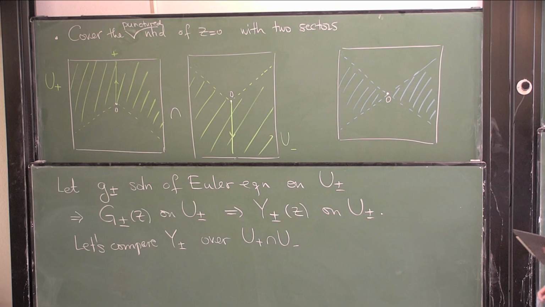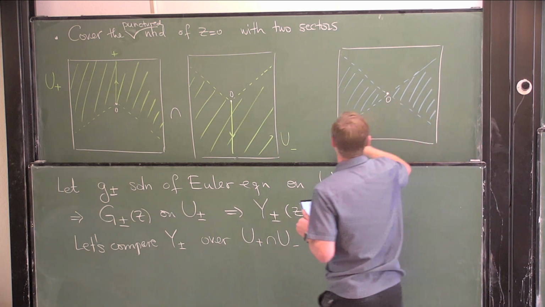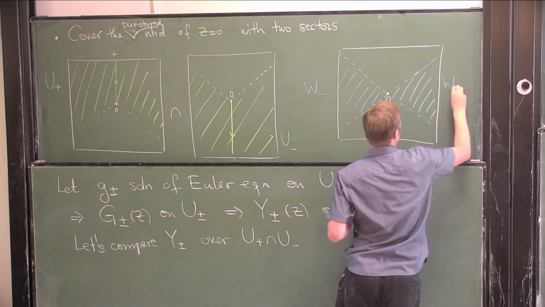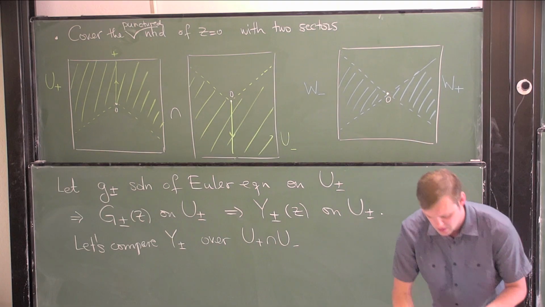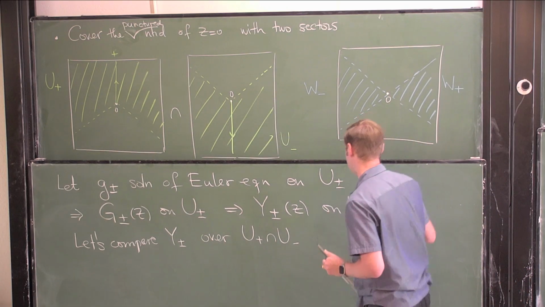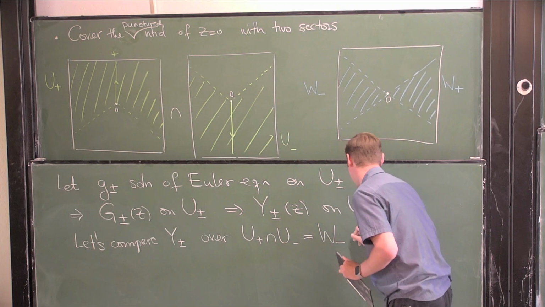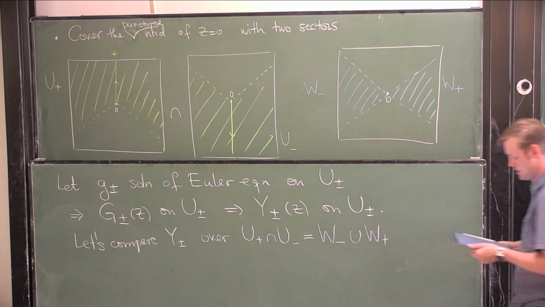They're disconnected, because of course the origin does not belong to any of these. Let me call them W minus and W plus. So this thing is the union of W minus, disconnected union W plus.